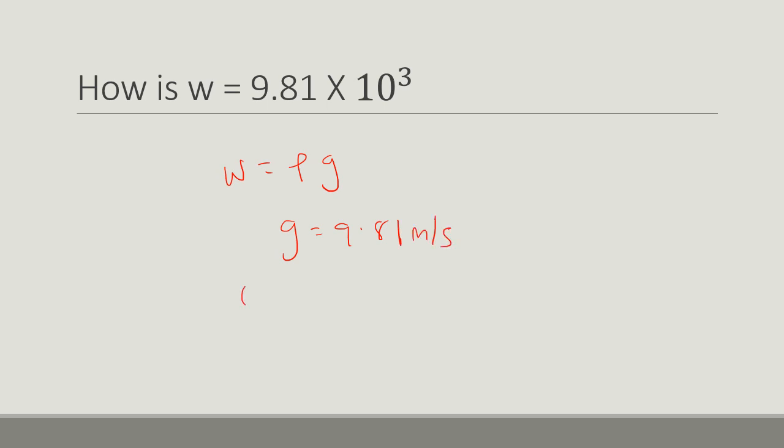Now W will be equal to rho into bracket 9.81. In that case we used water, so the density of water is 1000, times 9.81, which makes W equal to 9.81 times 10 raised to power 3.